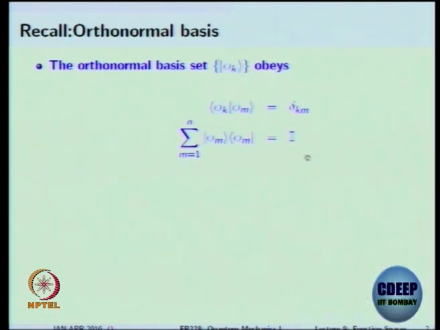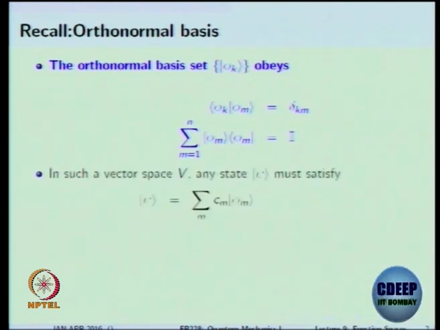So that's the orthonormal basis set which has to obey these two criteria. The first one is the orthogonality condition or orthonormality condition. The second one is called the completeness condition. So in such a vector space, any state psi you should be able to rewrite in terms of the states in the basis set, and there is a complex coefficient Cm.